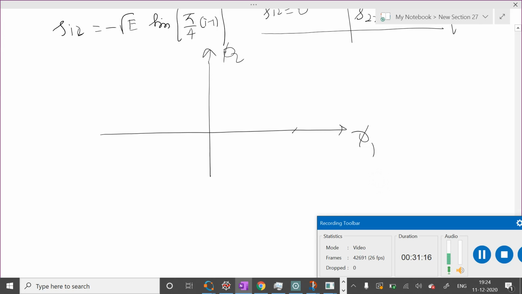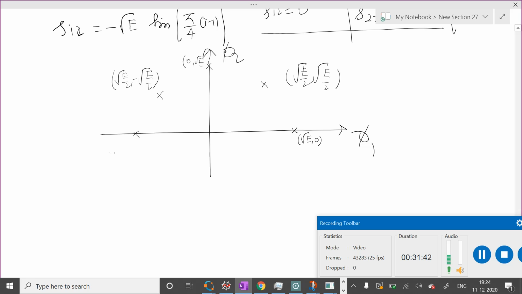So one is (root E, 0), which is here. The other you will get at pi/4 phase, where it will be (root E by 2, root E by 2). The other one here will be (0, root E). The other one here will be (root E by 2, minus root E by 2).